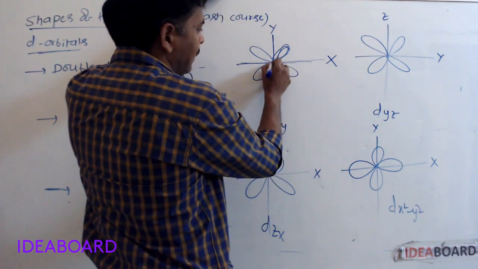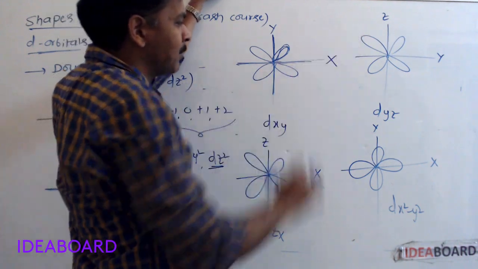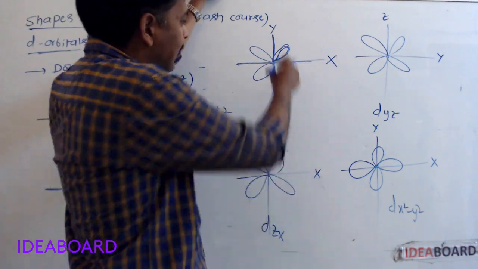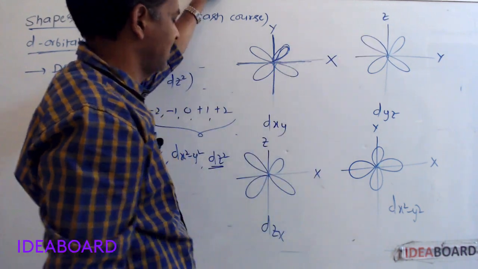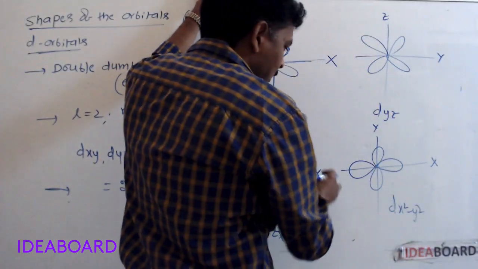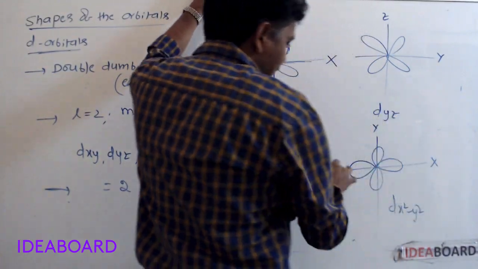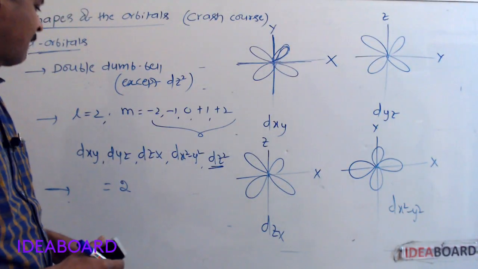Along the x-axis or along the y-axis, there is no probability of finding of an electron. But in case of dx square minus y square orbital, lobes are oriented along the axis. Along the axis, the probability of finding of an electron is maximum.